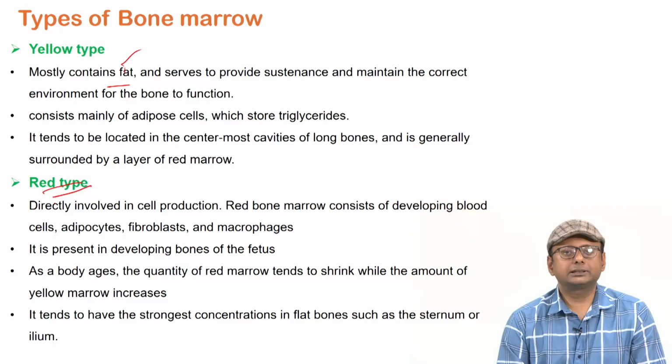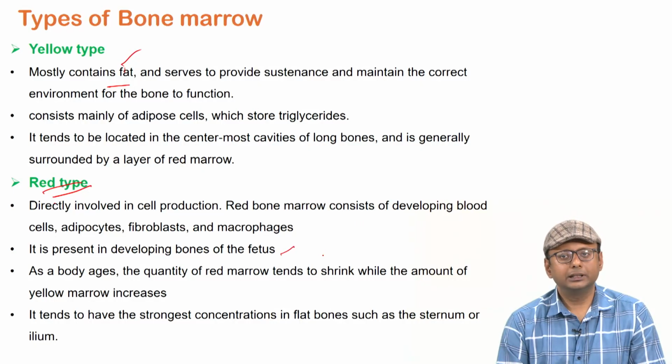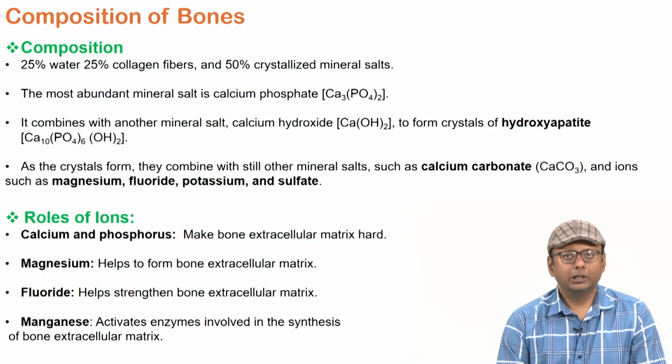There is a lot of red bone marrow, and it produces the RBC. It is present in developing bones, like in the fetus. So two types of bone marrow, as you clearly see: one is the yellow type and the second is the red type.